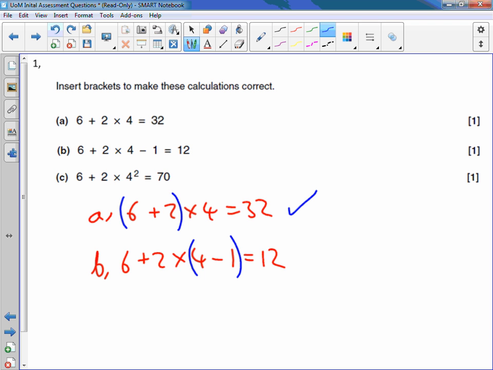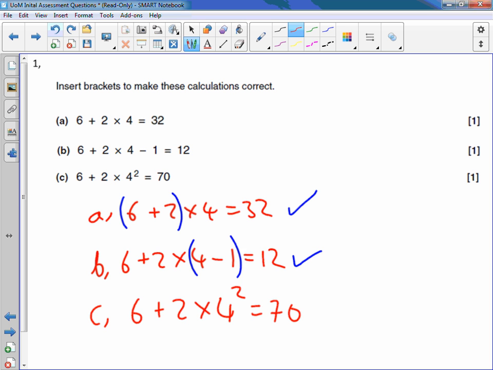So that's going to give me 2 times 3 is 6, plus the 6, oh happy days. That works.